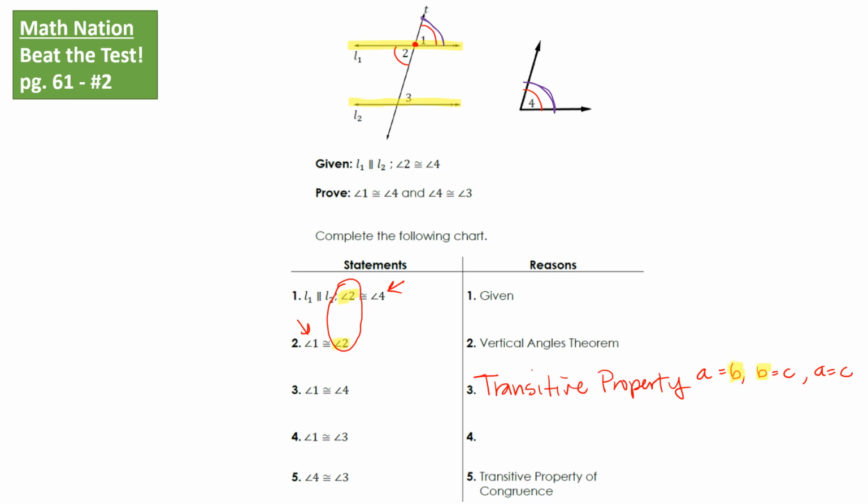We see that A and B are equal, B and C are equal, so that leaves A and C to be equal to each other. Same thing. The common denominator between these two statements is 2. So that leaves us with 1 and 4 being equal to each other, or congruent in this case. All right, let's look at statement number 4.